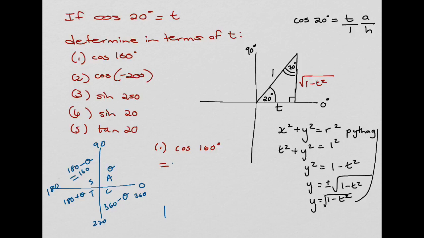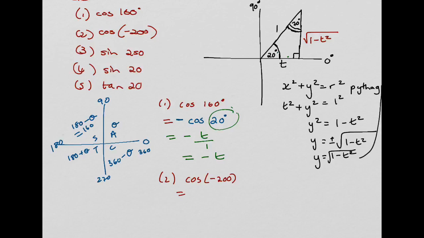So because it's in sine's quadrant, cos is going to be negative cos 20 degrees. Now that you see the 20 degrees, you've got to go onto your triangle because that's where 20 degrees is. So if we have a look at the triangle, cos of 20 degrees is adjacent over hypotenuse. So that's going to be negative t over 1, which is just negative t.